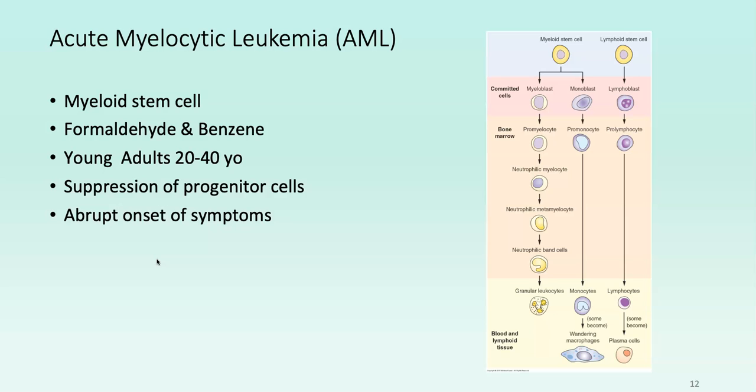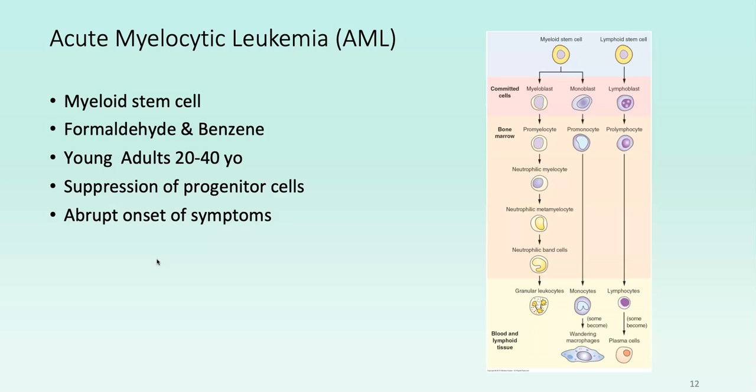So with these stem cells, there's an overgrowth that occurs, and it leads to suppression of other progenitor cells, causing disorders such as anemias, neutropenia, and thrombocytopenia.